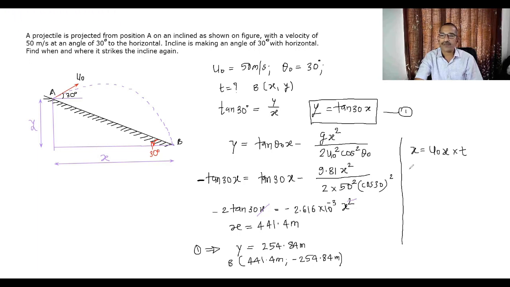Just substitute x as 441.4. u0x means u0 cos of theta 0, u0 is 50, cos of 30 degrees, into time t. Using the calculator, simply calculate this t. In one step you will get the answer. If you calculate, this comes out to be 10.19 seconds.